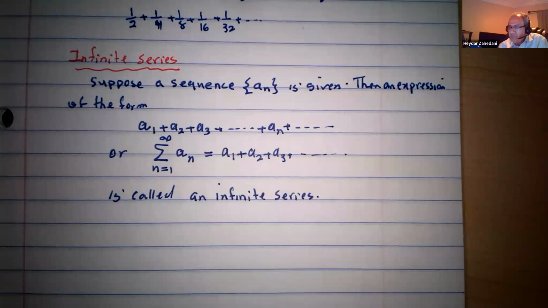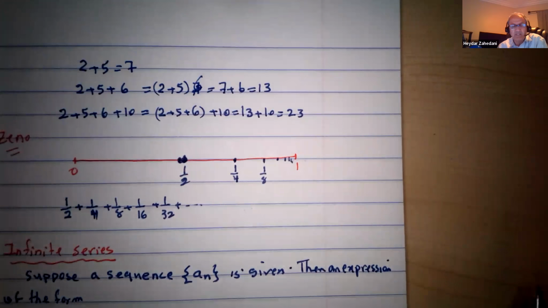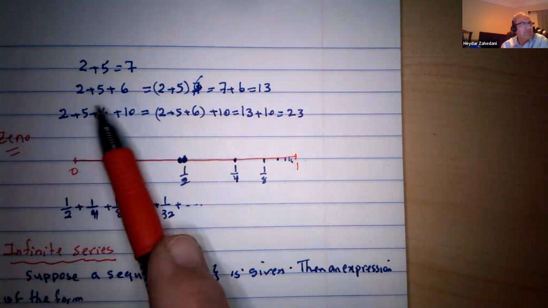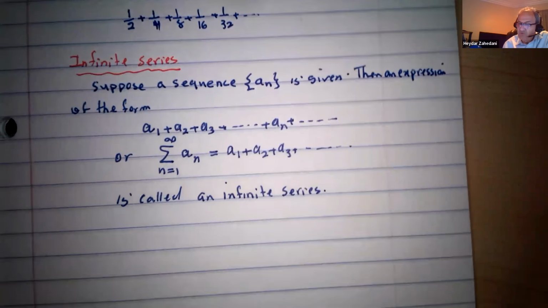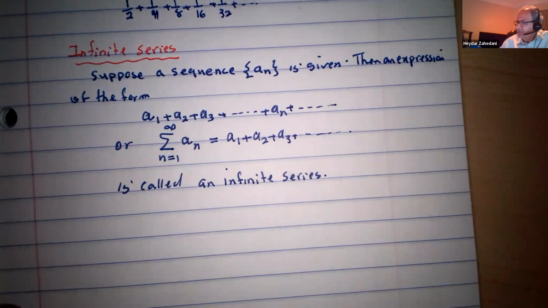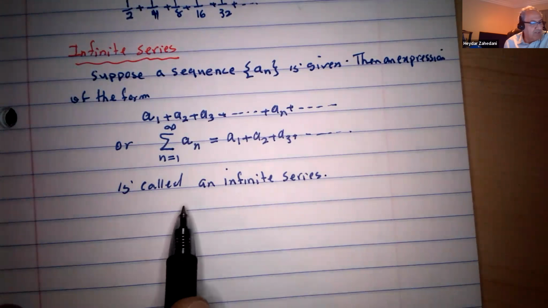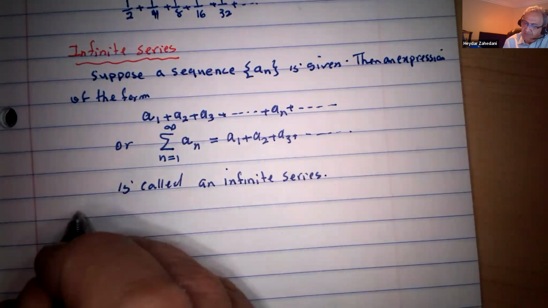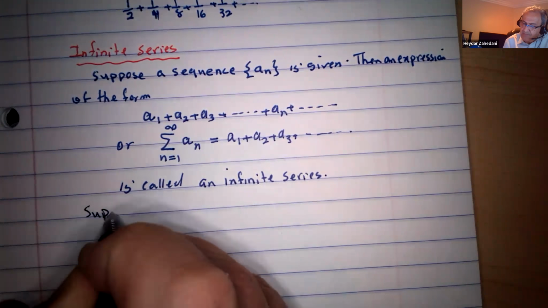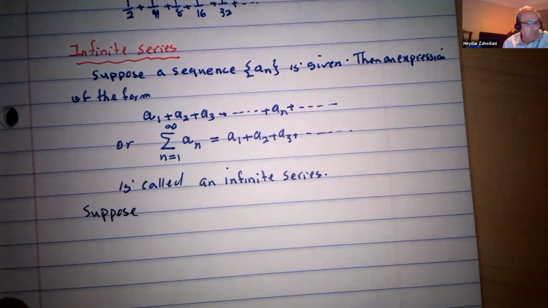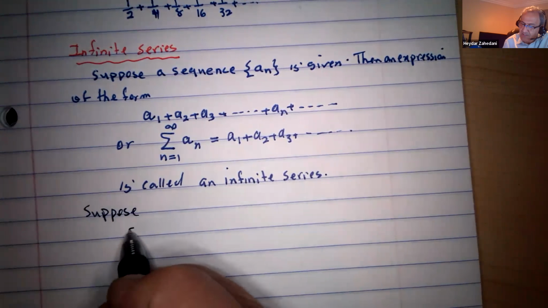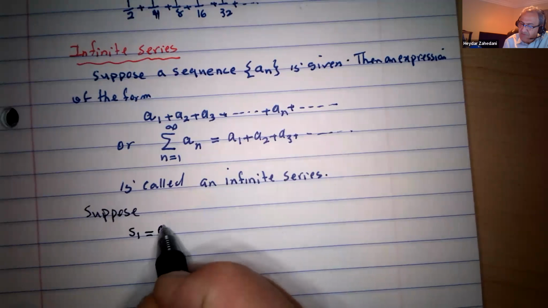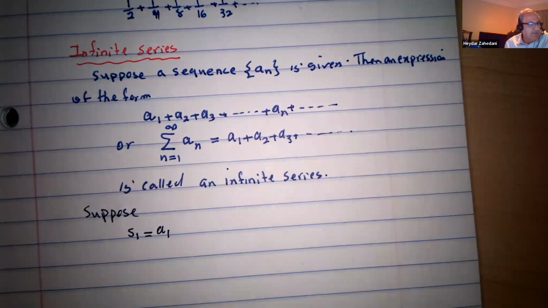Now, since it's an infinite sum, remember, we can add only a finite sum: 2 terms, 3 terms, 5 terms, n terms. So we're going to introduce the other notation. Suppose S1. S1 means sum of the first term. S1 would be A1.